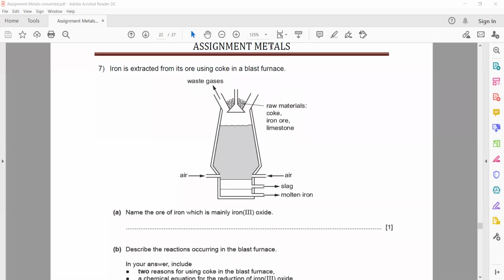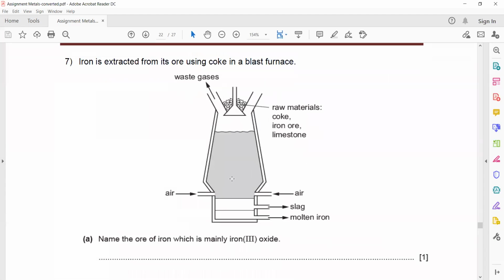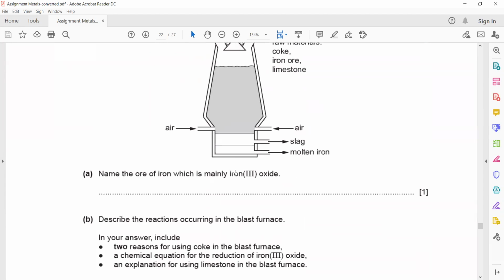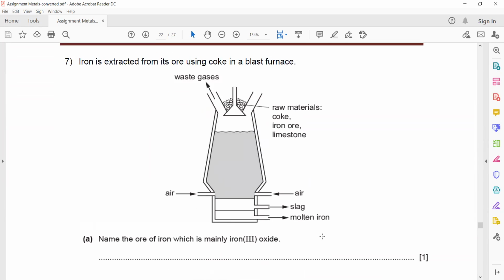Another question, similar, related to extraction of iron. You can see a blast furnace. Slag and molten iron are coming out. Air or hot air is blown from the bottom and the waste gas escapes. Name the ore of iron which is mainly iron(III) oxide.